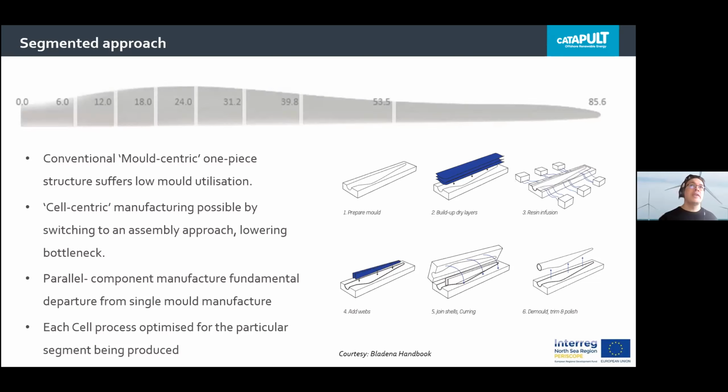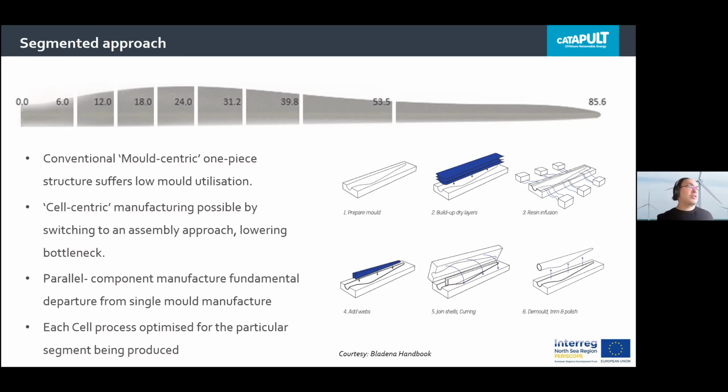So if we take a segmented approach where each of these segments is produced with its own specific cell, taking this cell-centric manufacturing approach, we're lowering this bottleneck of a single mold operation. It allows parallel component manufacture, which is a fundamental departure.